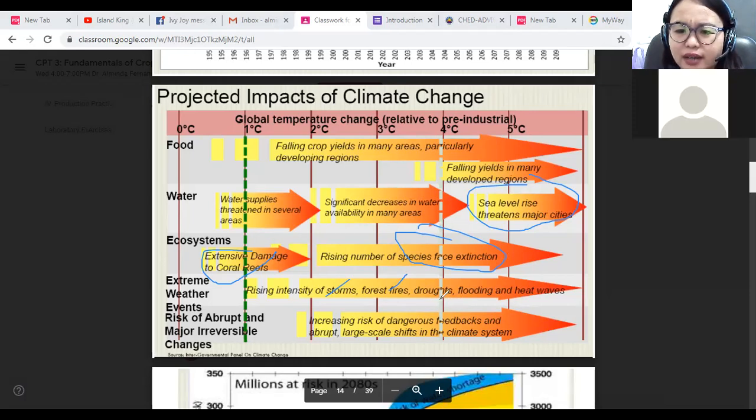Droughts, floods, and heat waves, yun ang mga mangyayari. And we even have recently earthquakes and risk of dangerous feedbacks, abrupt large-scale shifts in the climate system.